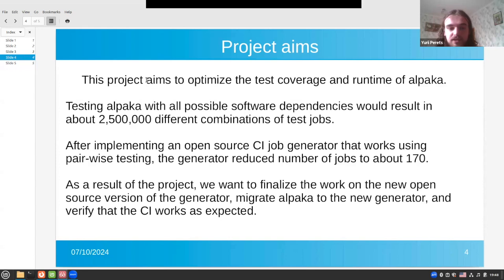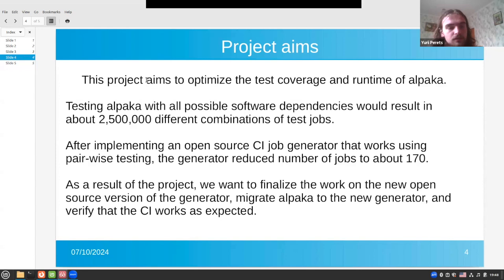So after implementing an open source CI job generator that was written in Python and works using pairwise testing, which is used for combinatorial software tests, the generator reduced the number of jobs to about 117.